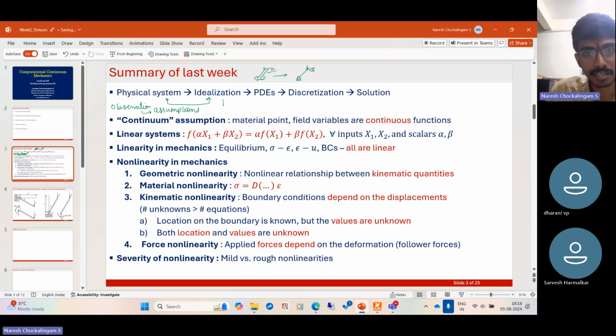From idealization to the governing equations, which are typically partial differential equations, we get by applying mechanics principles, which are mainly equilibrium, stress-strain relations, and the strain-displacement relations. The partial differential equations, which usually govern the physical problems, are the mathematical models.